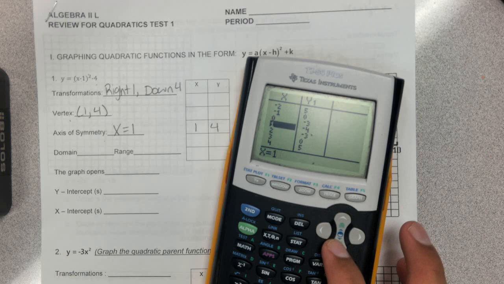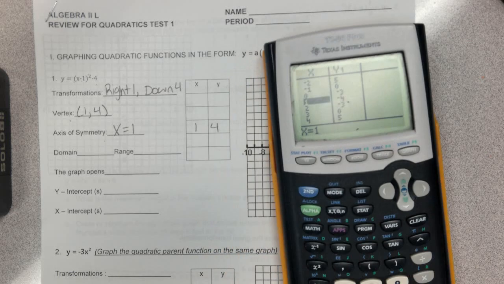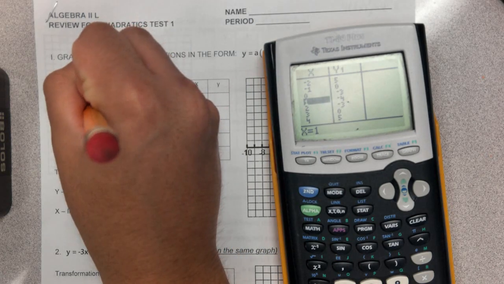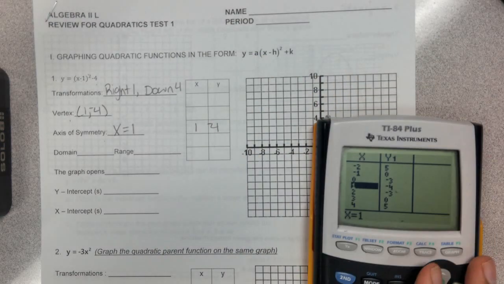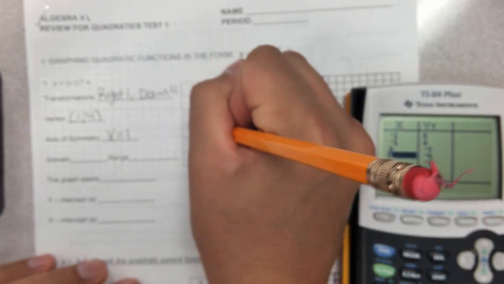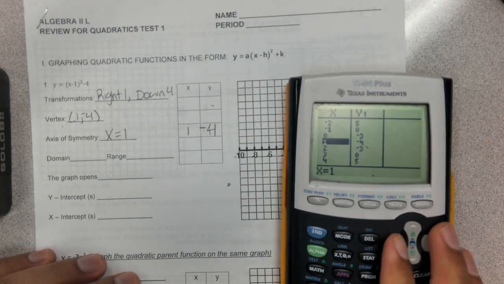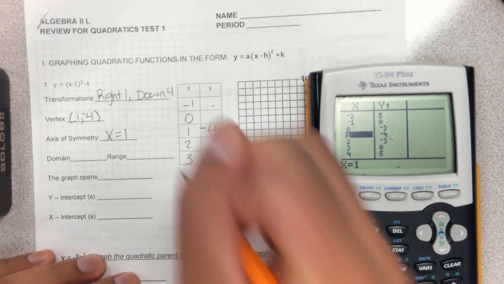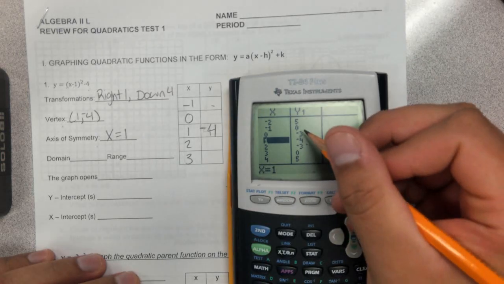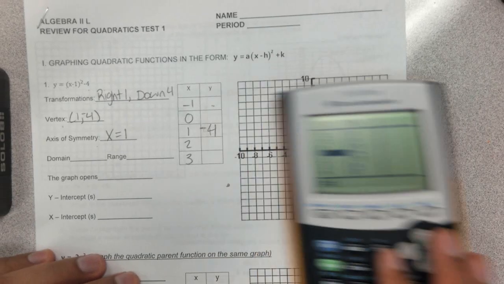So we have 1, or sorry, this should be negative 4. So we have 1, negative 4, and then for 0, negative 1, 2, and 3, we have 0, negative 3, negative 1, 0.